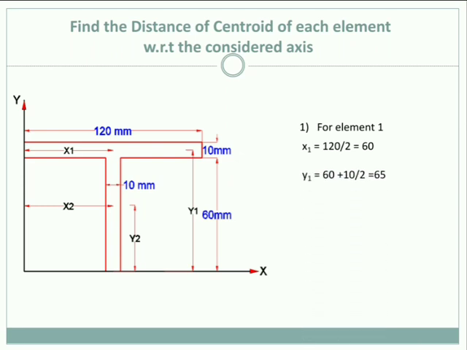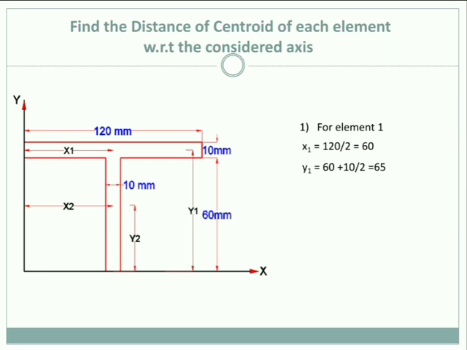Now next y1. Okay, now here the point which I had mentioned earlier, that we have to locate the centroidal distance with respect to the axis selected, becomes important. So now we'll go from the axis to the centroid of element number 1. Firstly 60, which is the distance of the element from the horizontal axis, plus half of 10, because the centroid of the horizontal element, that is element number 1, lies at what point?